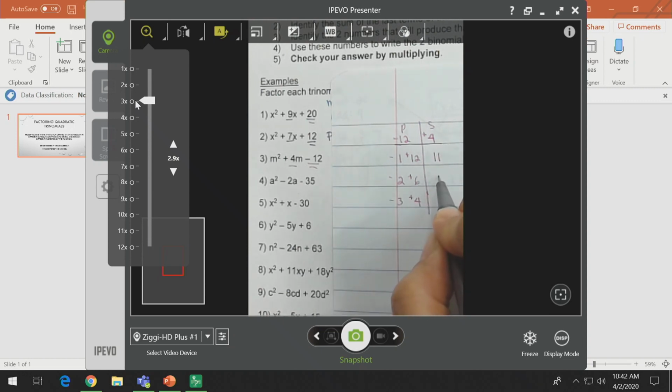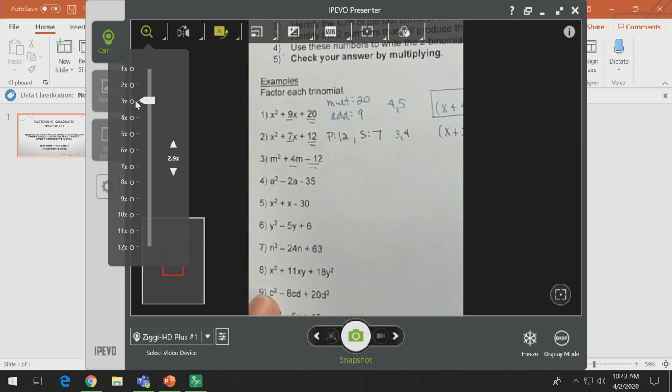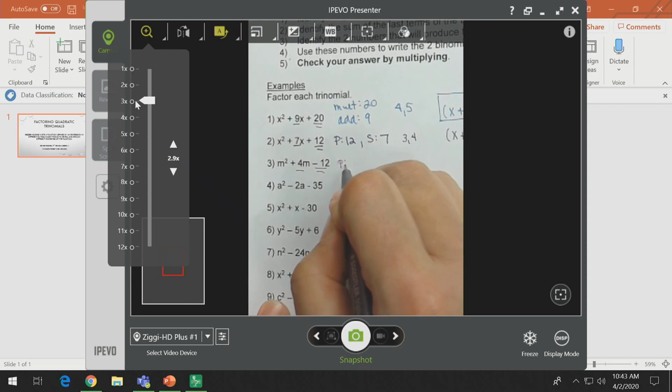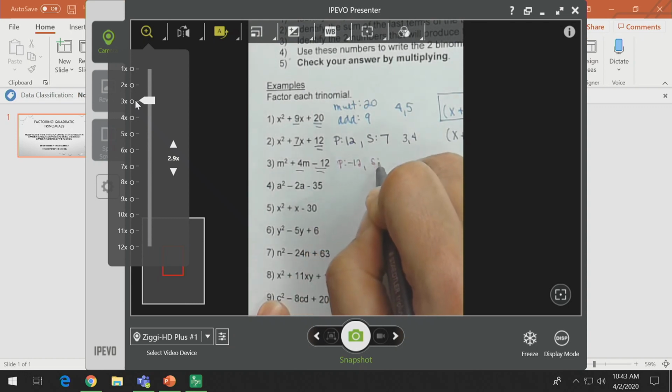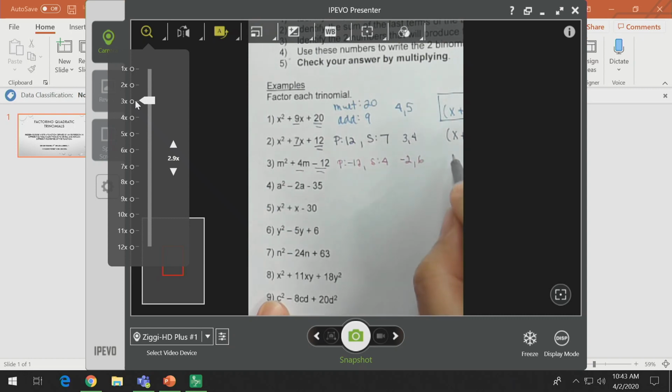When we add negative 2 to 6, we get 4. Ding, ding, ding. That's the combination I'm looking for. So the two numbers I need that have a product of negative 12 and a sum of 4 are negative 2 and positive 6. So this is going to factor to be x minus 2 times x plus 6.